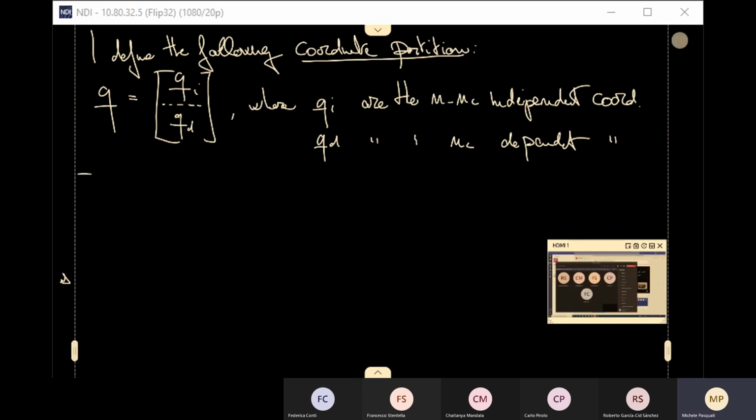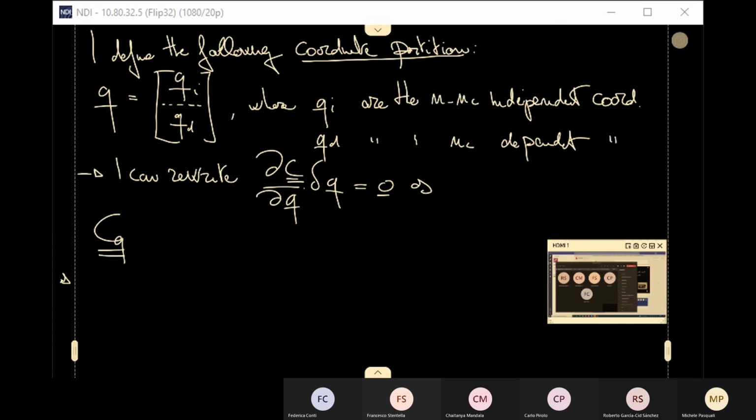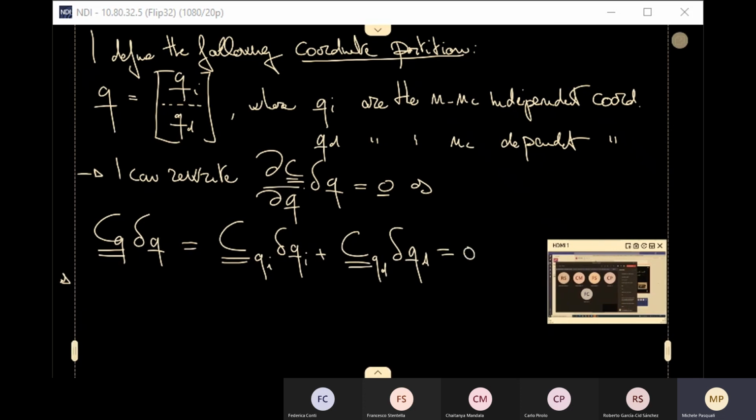I can rewrite the delta C equal to 0 as CQ applied over delta Q. But this can also be written, if I insert the partitioning within Q, as CQi applied over the delta Qi plus CQd applied over delta Qd equal to 0.